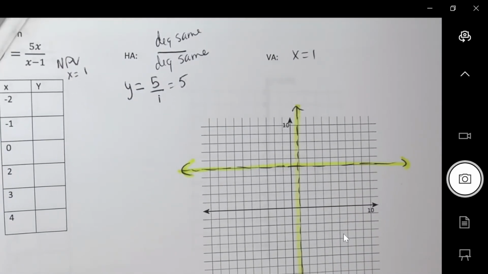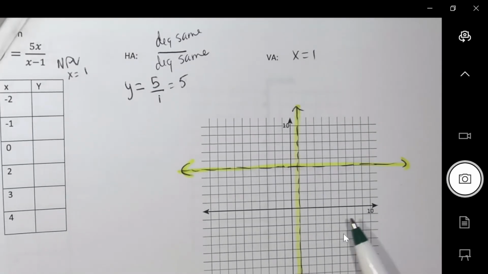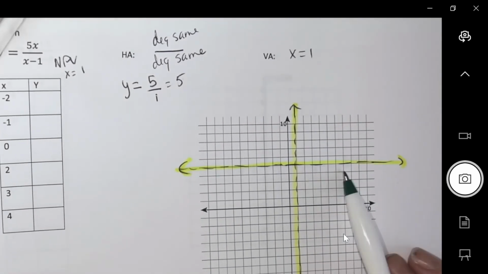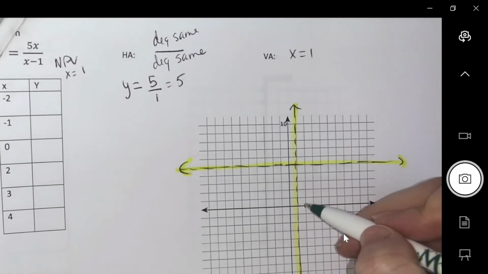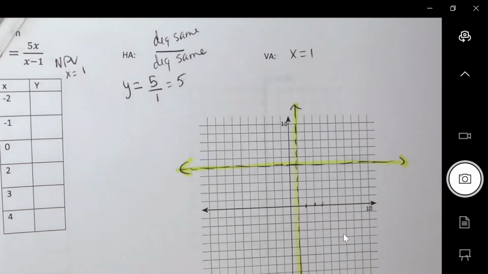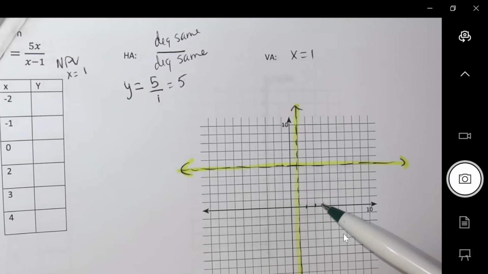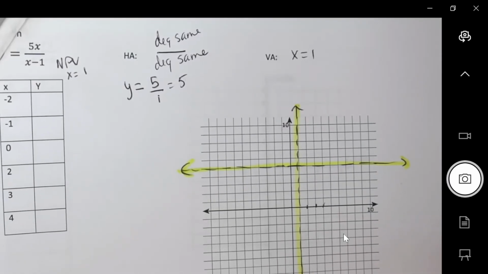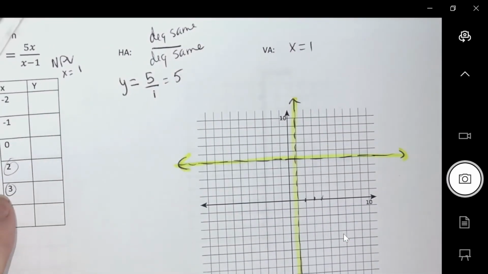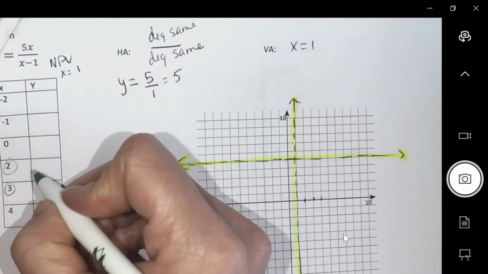Okay, pretend you didn't see my little table over there. Which x values would you want to plug in on this side of the asymptote? I'm going to go 2, 3, maybe 4 if I can't see it. So I'm going to plug in a 2 and a 3. Okay, ready?